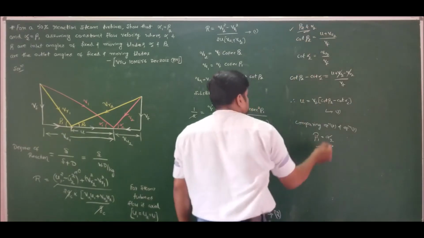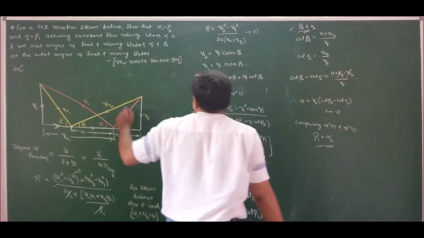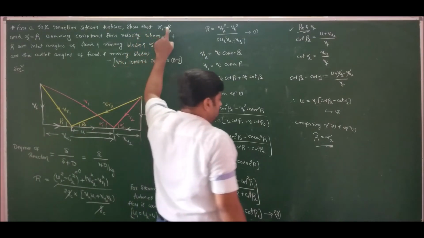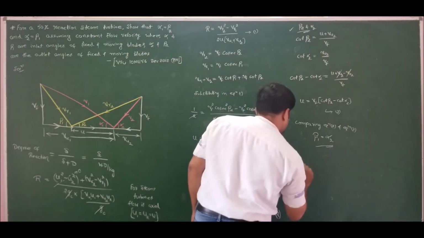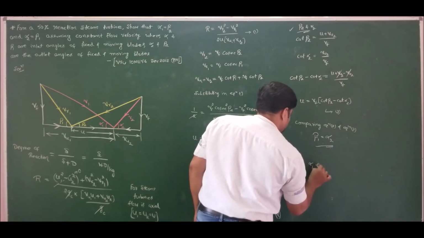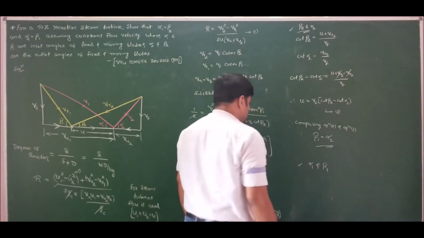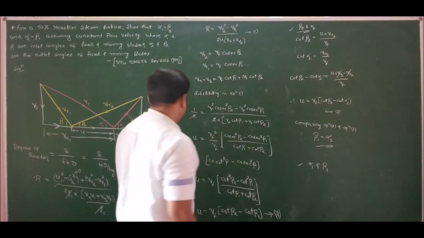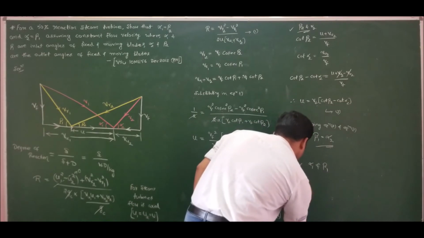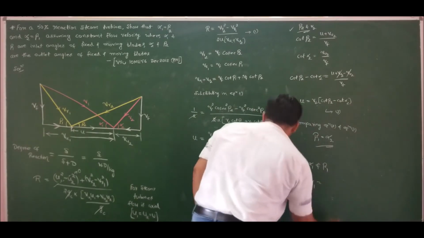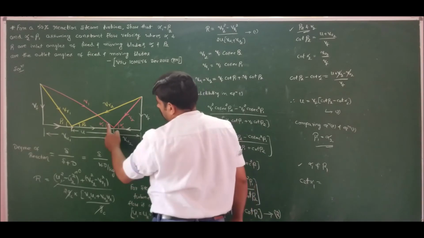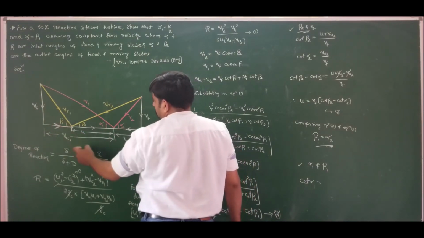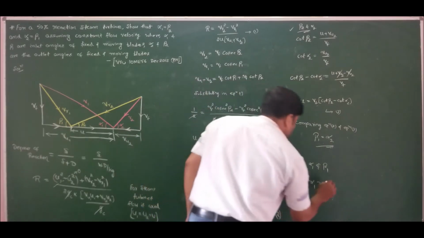Now, in the next case, in order to prove alpha 1 is equal to beta 2, let me take alpha 1 and beta 1. So now I want cot alpha 1 and cot beta 1. Cot alpha 1 from the diagram is adjacent by opposite, that is Vu1 by Vf.